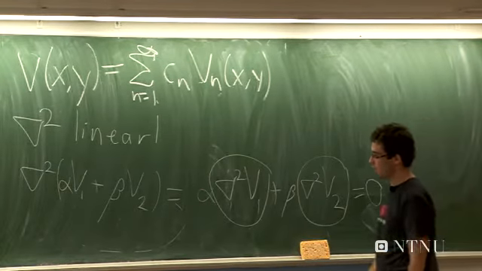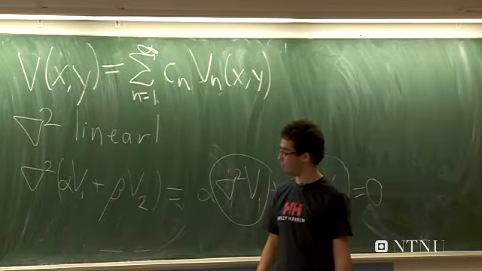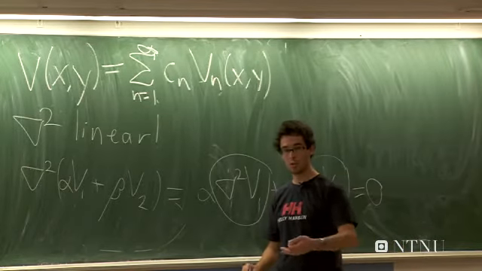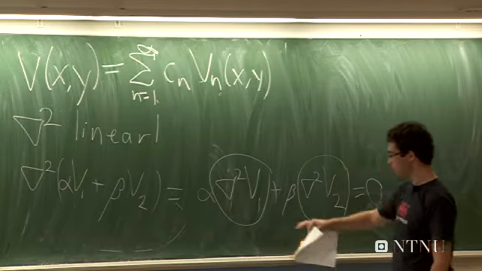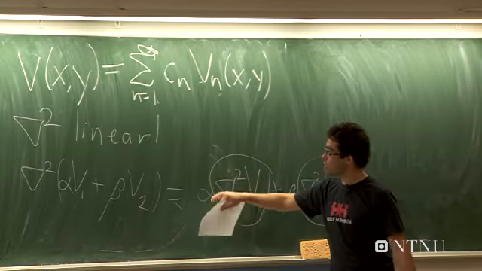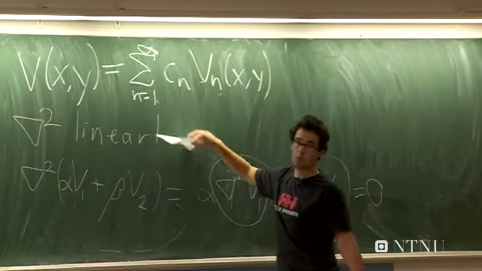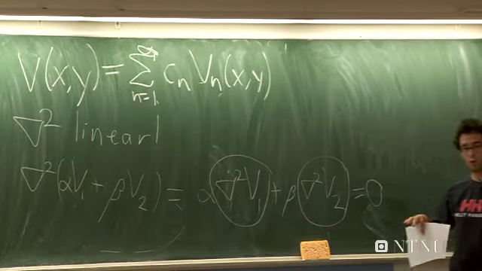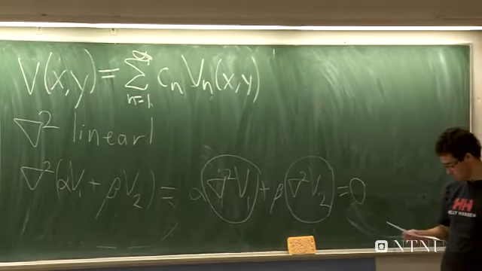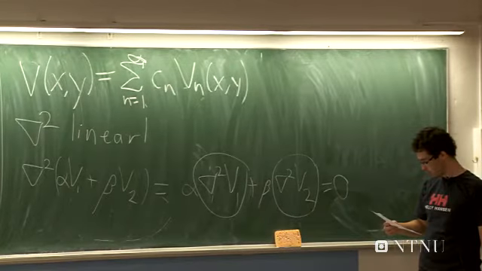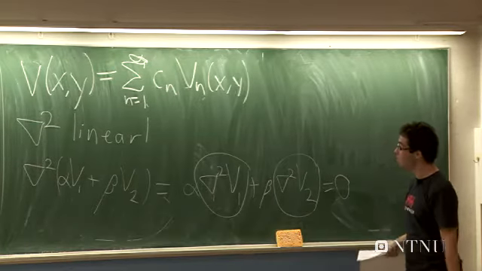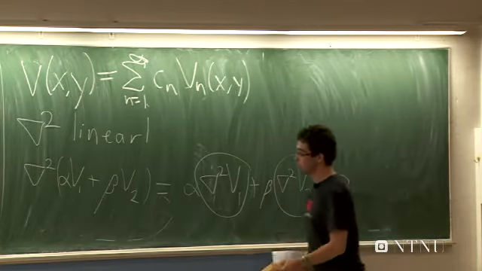So any linear combination of solutions is also a solution of the Laplace equation. So I've got to pick the expansion coefficients, which are called Cn in our case, to satisfy the boundary conditions. So now how do I do that? That's the next question.